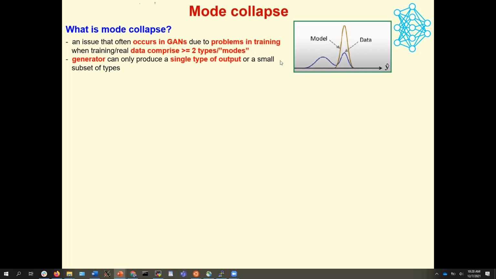In this case, if the original data distribution had two types, like two modes shown as the two maxima in this chart, where Y is a certain feature that parameterizes different types of data, so different types of data have different values of that feature.